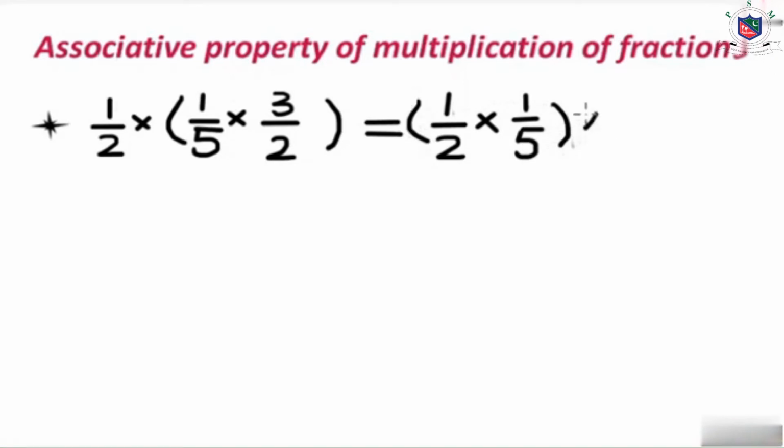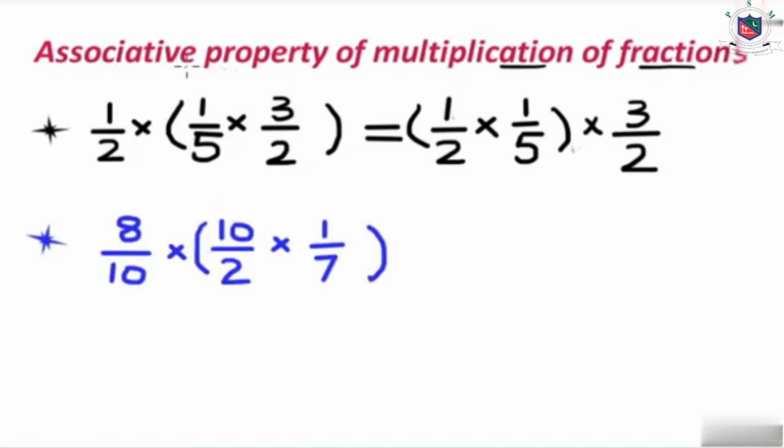And here we are regrouping these two fractions, and 3 upon 2 we are writing as it is. This is our right hand side, and where we put 1 upon 5 and 3 upon 2 in the group, that is our left hand side. And we proved in our previous slide that when we solve them, we get the same answer.